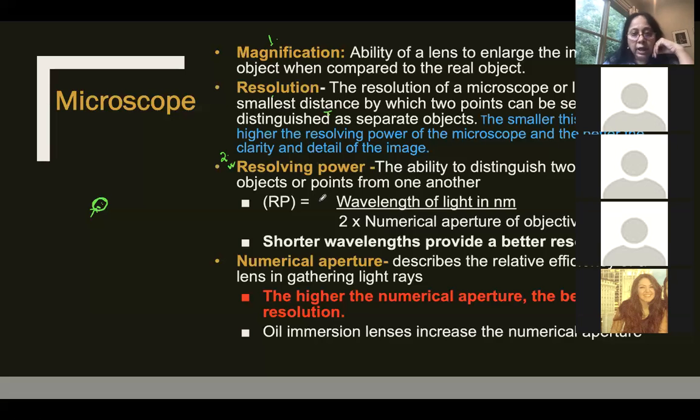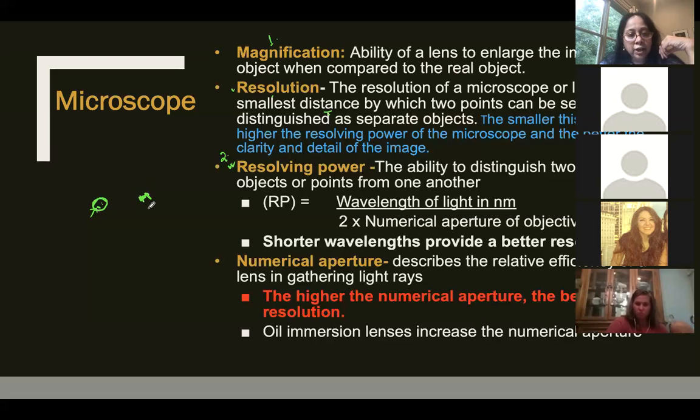What the microscope does is separate out the smallest distance between two objects, and that smallest distance is called the resolution. I hope you got the relationship between resolution and resolving power. The capacity of the microscope to make the smallest distance prominent is the resolving power, and the smallest distance between two closely related objects is the resolution.